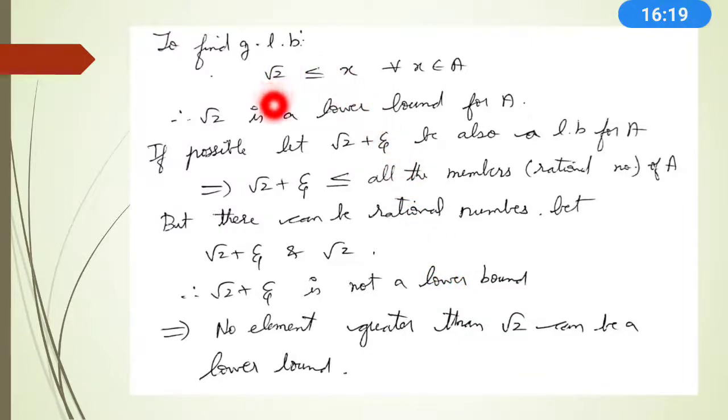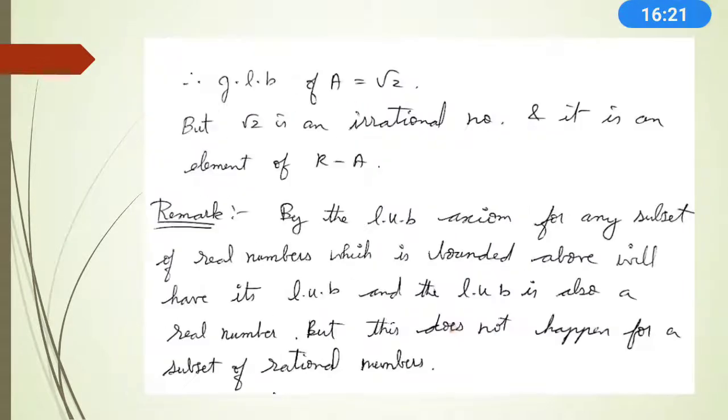Okay. Now a remark: by the least upper bound axiom, any subset of real numbers which is bounded above will have a least upper bound, and the least upper bound is also a real number, but this does not happen for a subset of rational numbers.